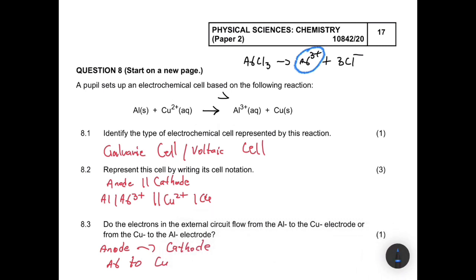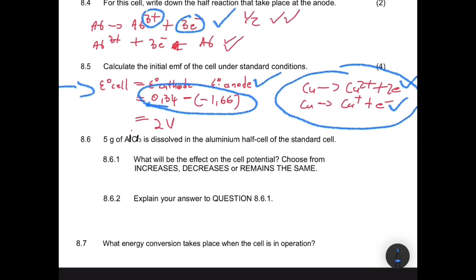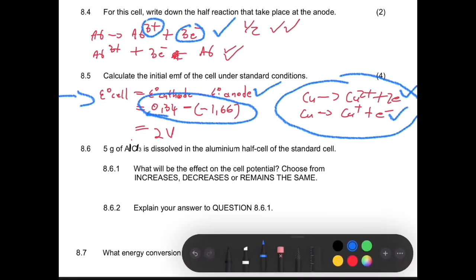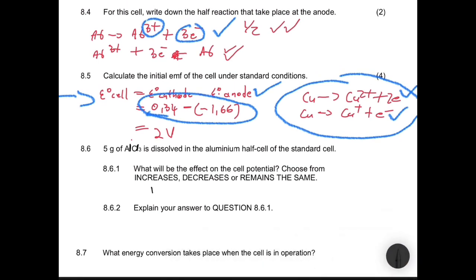Clearly, we have increased the concentration of Al3+, so the reverse reaction will be favored. Le Chatelier's principle. So when the reverse reaction is favored, the EMF is supposed to decrease, right? So here for 8.6.1, we have decrease.